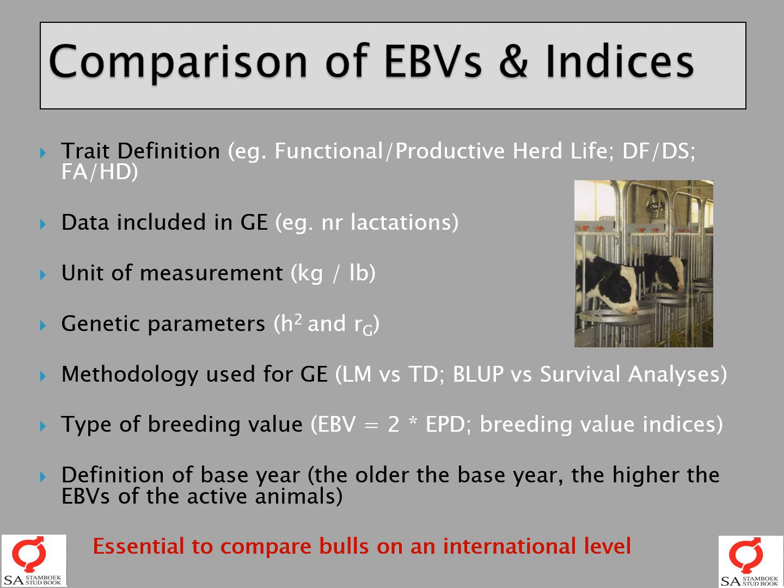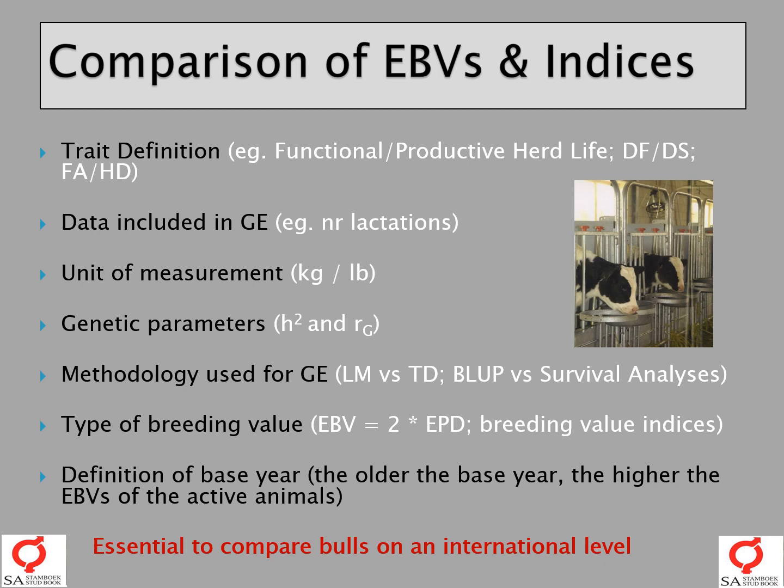Of course, the genetic parameters, the heritabilities and genetic correlations, differ across countries because different populations are subjected to different selection intensities, and the gene frequencies therefore differ across countries. The methodology used for the genetic evaluation might differ.